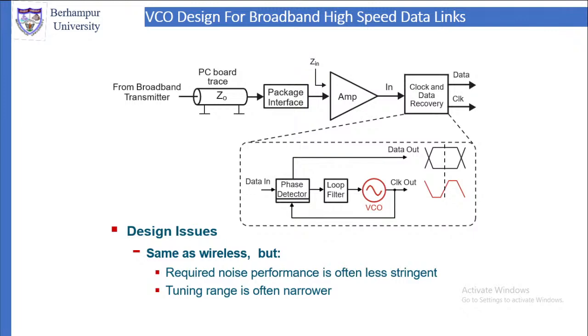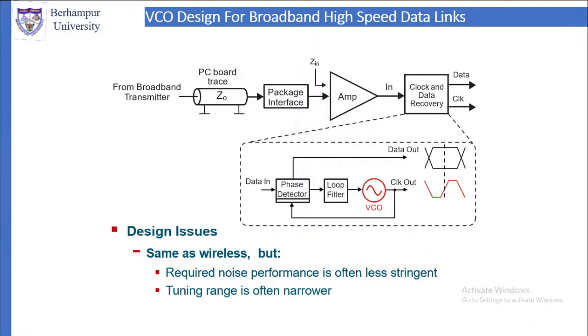Now, on VCO design, if you have a broadband high-speed data link, how do you design the VCO? Look at the figure. In the figure, you can see that before the mixer, you have the broadband transmitter.